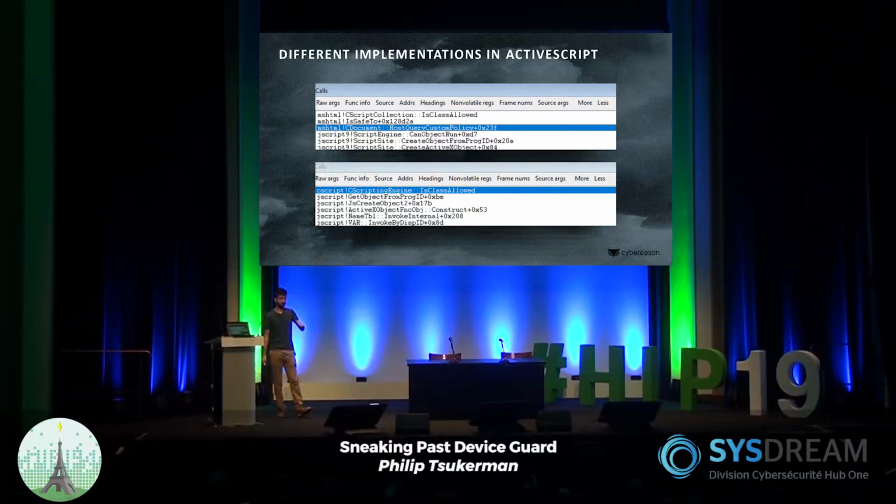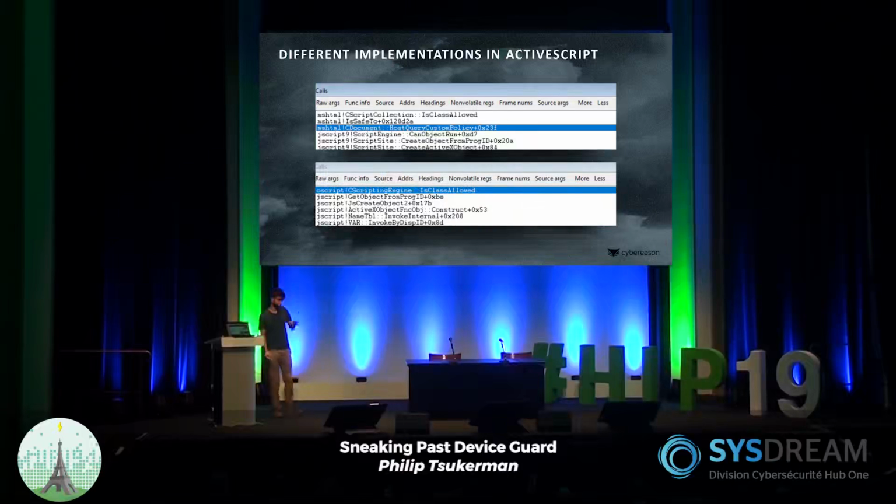And MSHTML itself decides, oh, here I want to call isClassAllowed. Then it calls this, and if the class is disallowed, the whole query custom policy function returns false, and the object can't be created. But here we see that MSHTML itself is responsible for calling isClassAllowed.